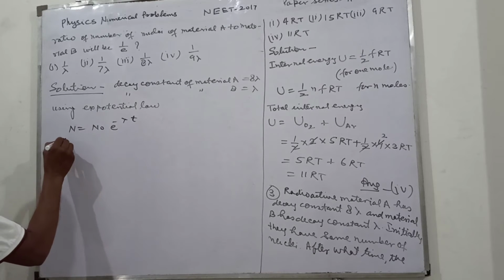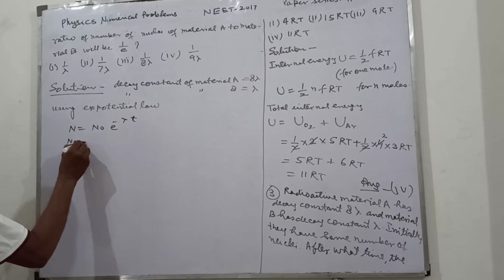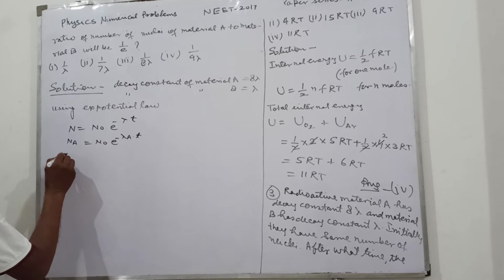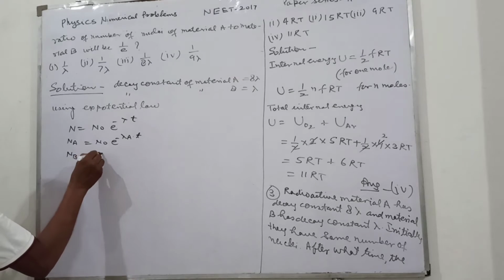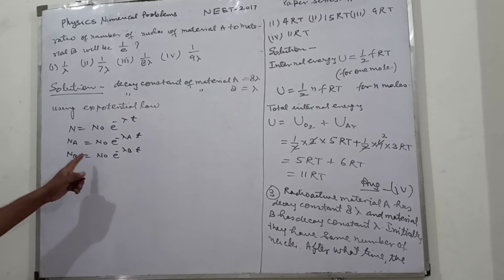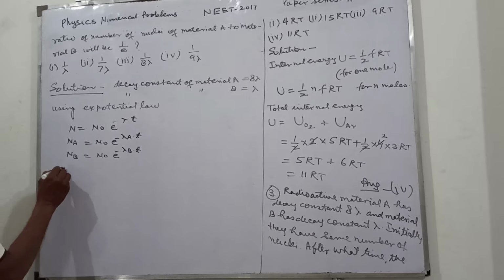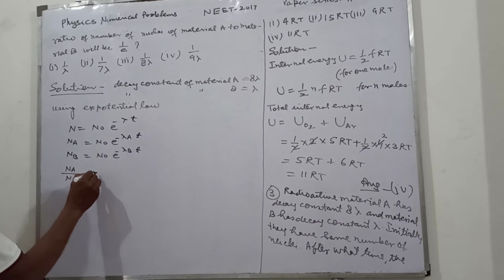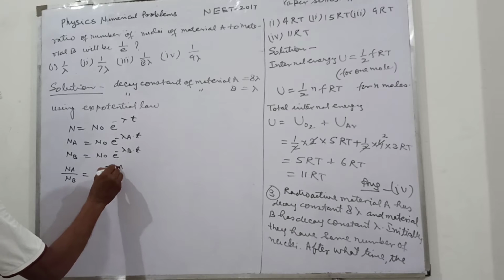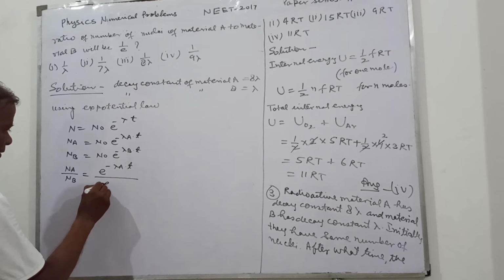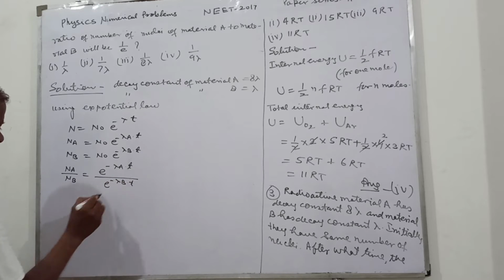So for material A, N_A equals N0 e to the power minus lambda A into t, and for material B, N_B equals N0 e to the power minus lambda B into t. N0 is the same. So N_A upon N_B equals e to the power minus lambda A into 8 into t upon e to the power minus lambda B into t.